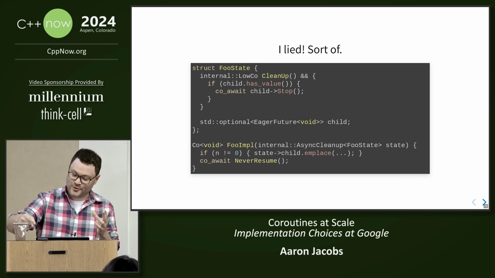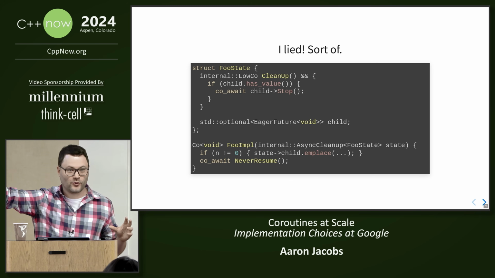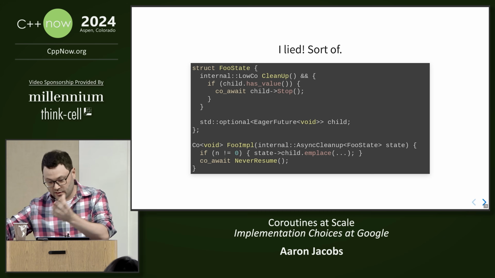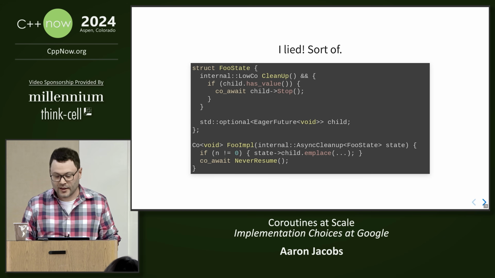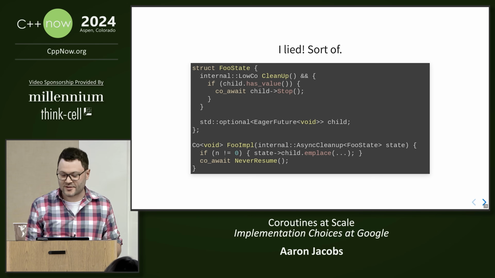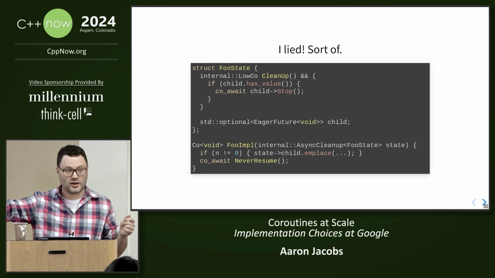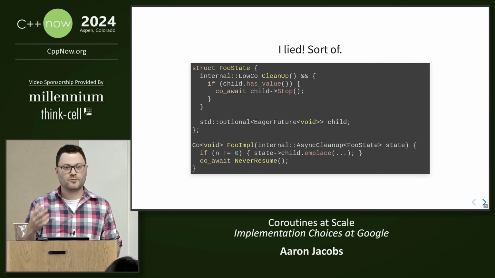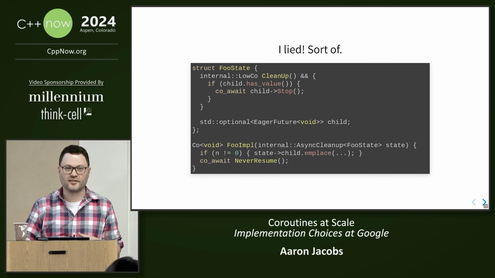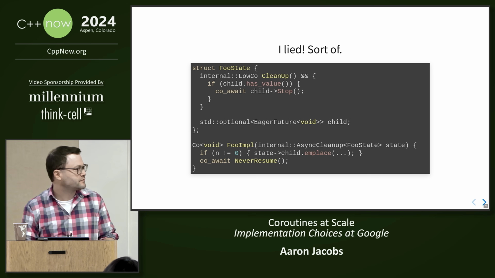So the first eager future destructor call will clear the way for all the rest of them. It will use symmetric transfer of control to do all of the cleanup, and then the later ones don't actually need to do anything. But this is super ugly, and it's only worth it in specific situations where you expect really long chains of coroutines, like if you want to implement functional programming techniques that basically only work in Haskell because it has guaranteed tail recursion, that kind of thing.